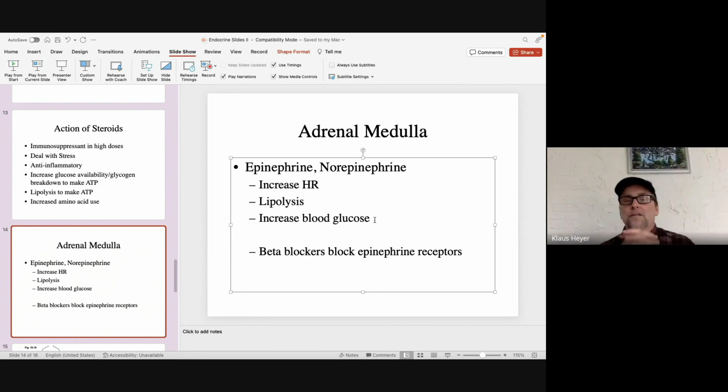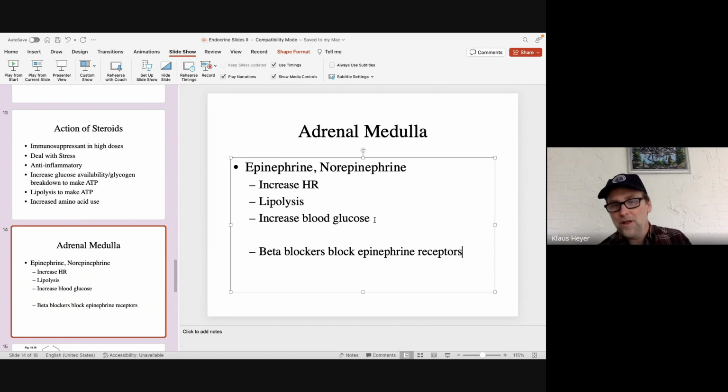They block epinephrine receptors in your heart. There's different types of receptors for epinephrine, and it depends on the place and it depends on the type of receptor.